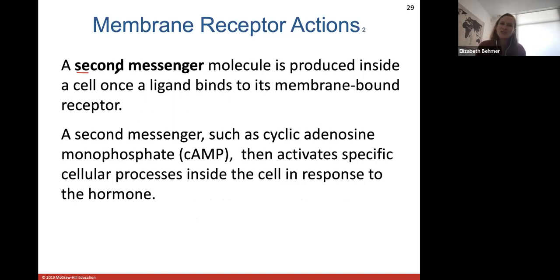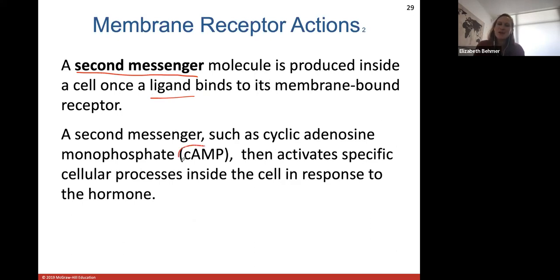And a second messenger is a molecule that's produced inside a cell once a ligand binds to its membrane-bound receptor. And we're talking here about hormones. So once a hormone binds to a receptor on the membrane, we have second messengers that are produced.